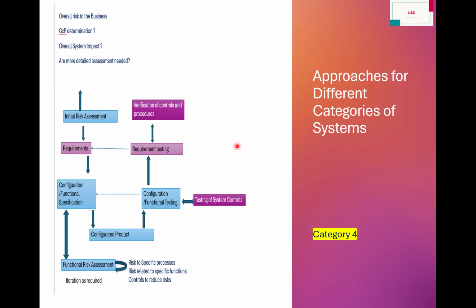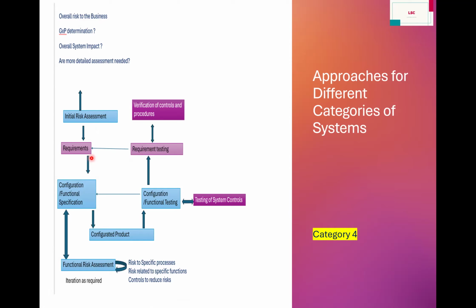Next is category 4, where we perform the initial risk assessment, in which we look at the overall business process, we determine the GxP system risk, overall system impact, and more detailed assessment is needed if required. Accordingly, our requirements are performed.